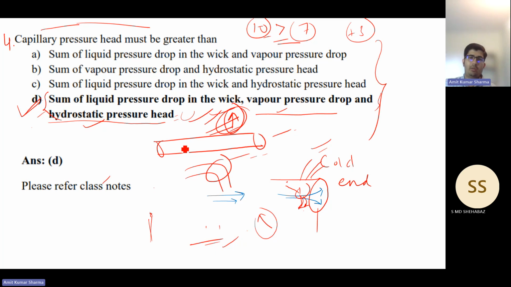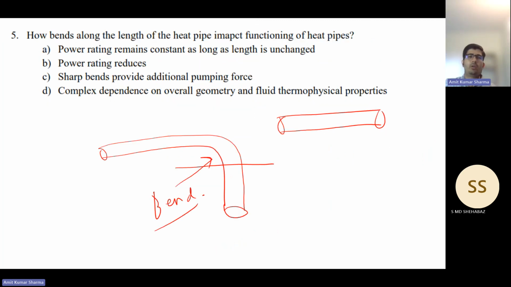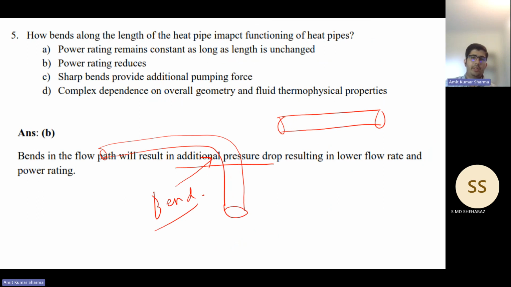But now if there is a bend also, what will happen? This 7 will increase to 8 or 9, because due to the bend there will be more pressure drop. But the capillary pressure head will still remain 10. Then this will reduce the performance, so the power rating will reduce.